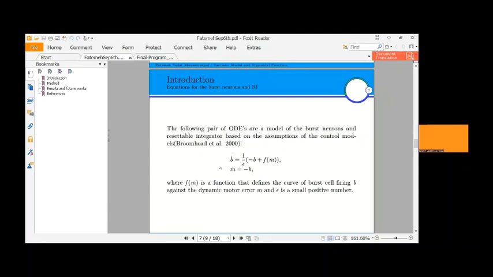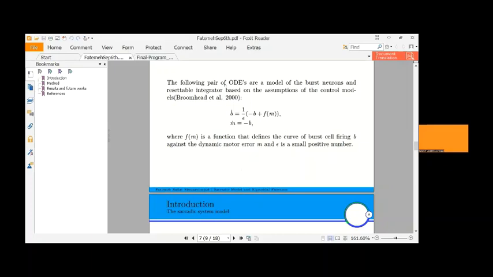I mean B dot and M dot, where f of m is a function that defines the curve of burst cell firing B against the dynamic motor error M, and epsilon is a small positive number. Actually, this model is a slow-fast model, and we are going to work on this model, especially on f of m.